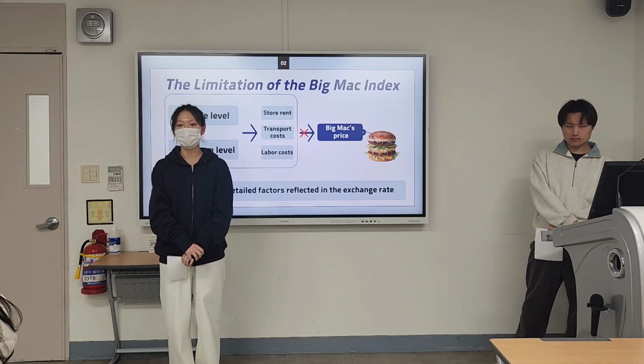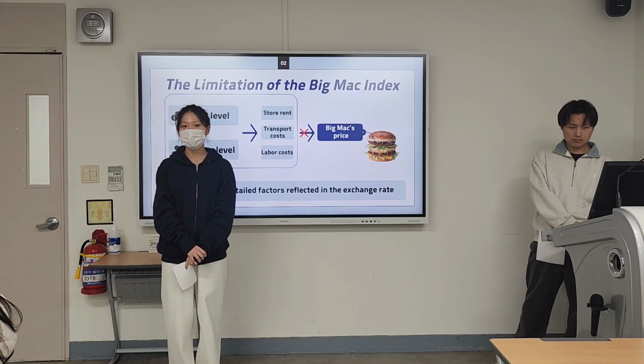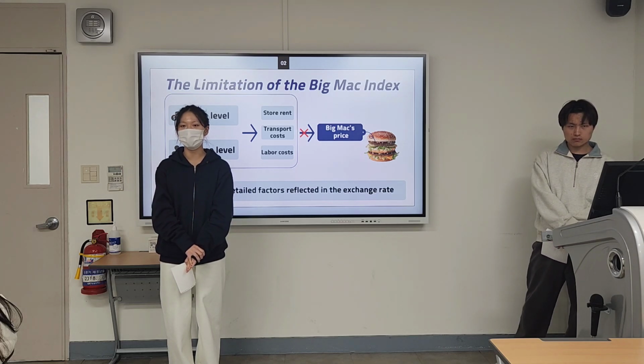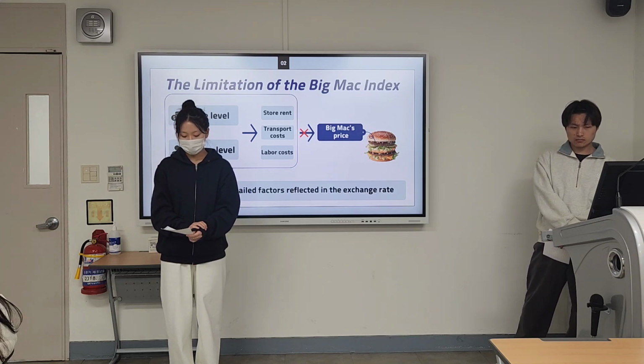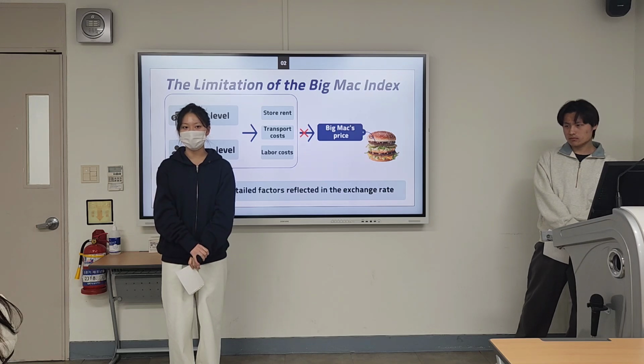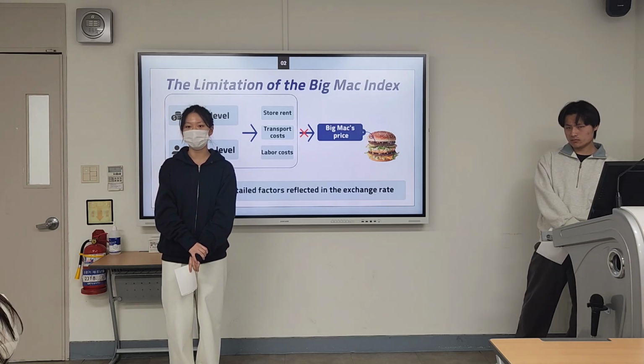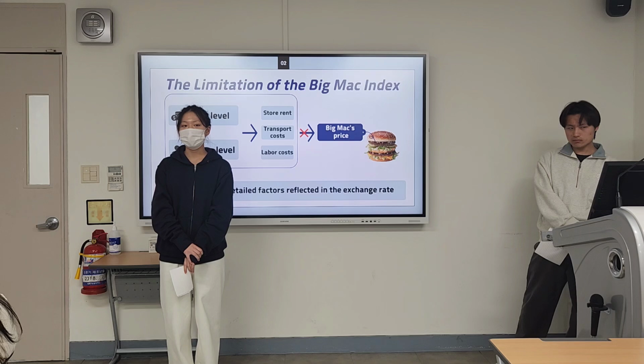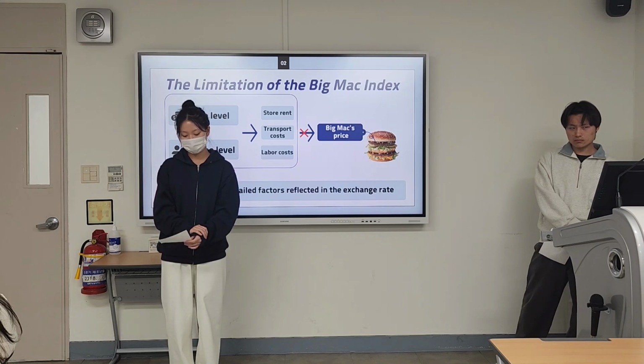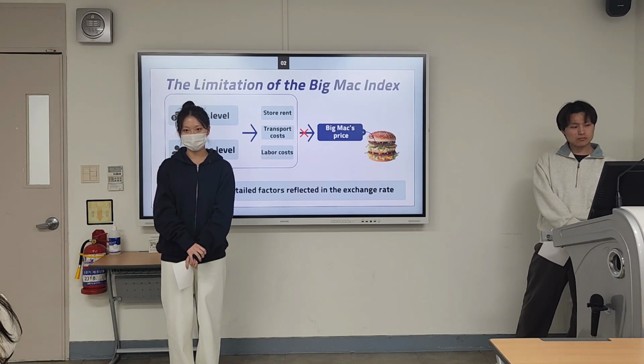However, the Big Mac Index does not reflect these complex factors because it only compares the price of a Big Mac. Therefore, while the Big Mac Index can be useful as a simple tool for comparing purchasing power across countries, it is not an accurate currency valuation tool.